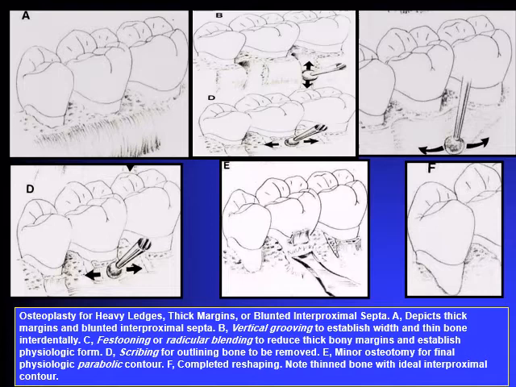And in figure F, this is the complete reshaping technique. Note a thin bone with ideal interproximal contour. Although in F the bone is at a lower level than in A in the original, this is a healthy situation. This is an ideal situation. This is a positive architecture.